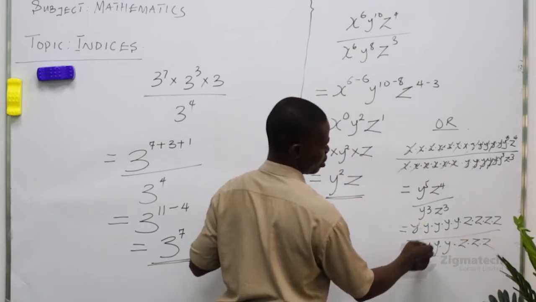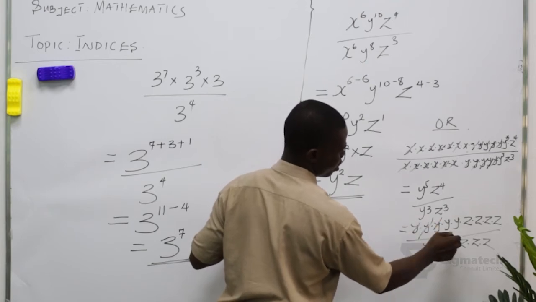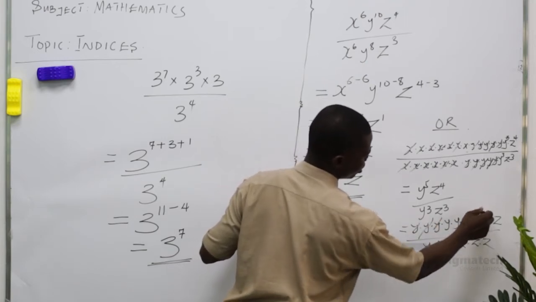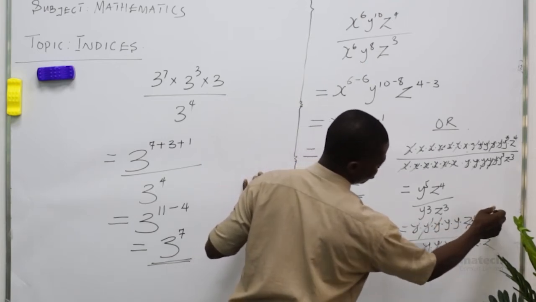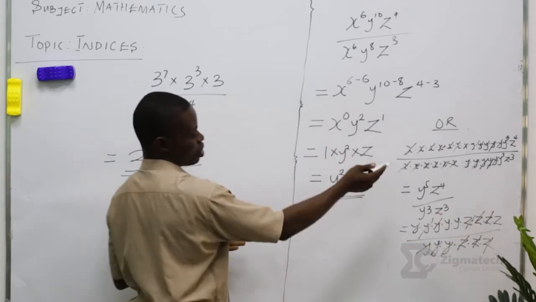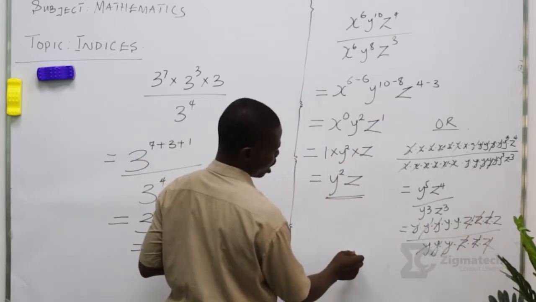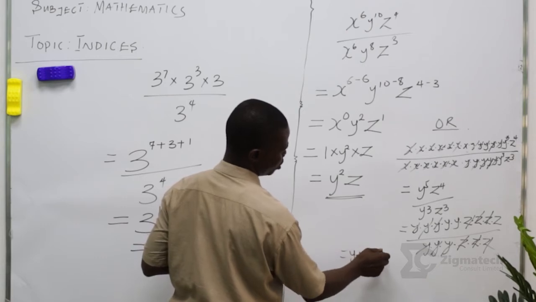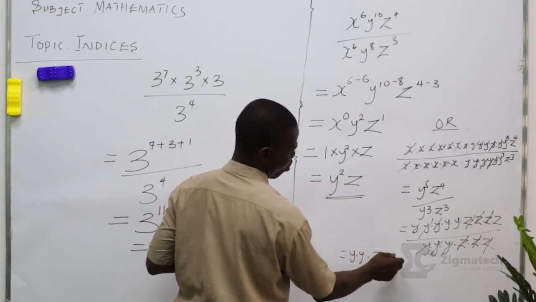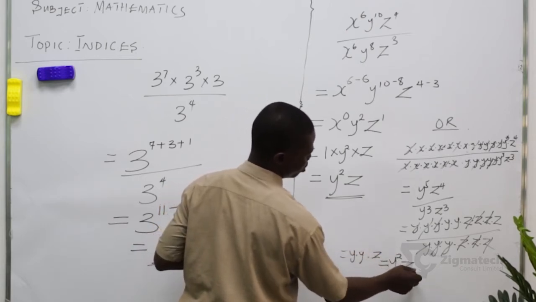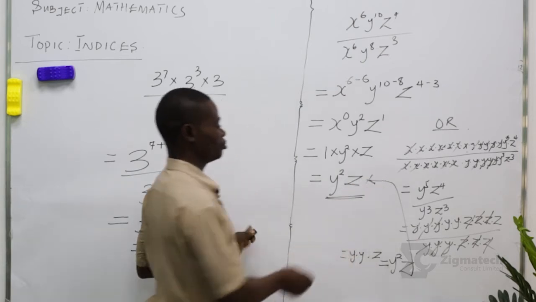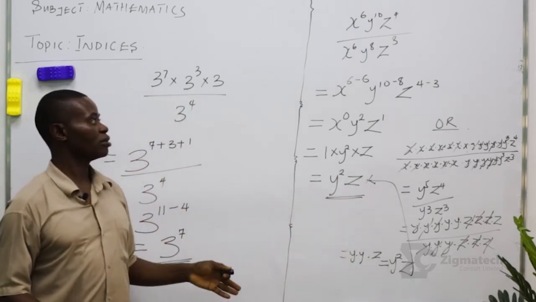Cancel the y's and the z's. How many y's are left? You have y dot y dot z, meaning y squared z. Watch back again. The same solution.